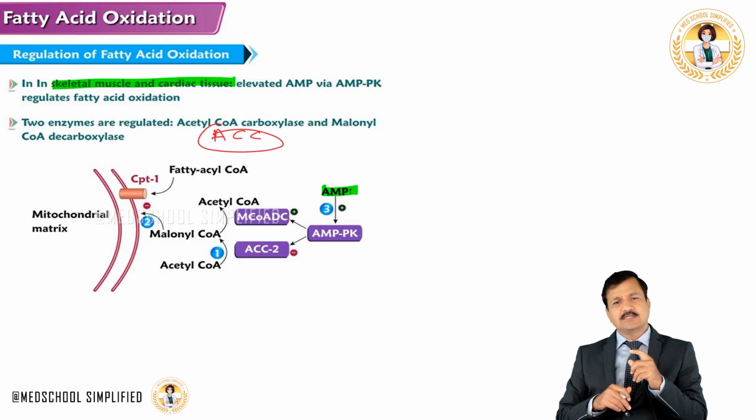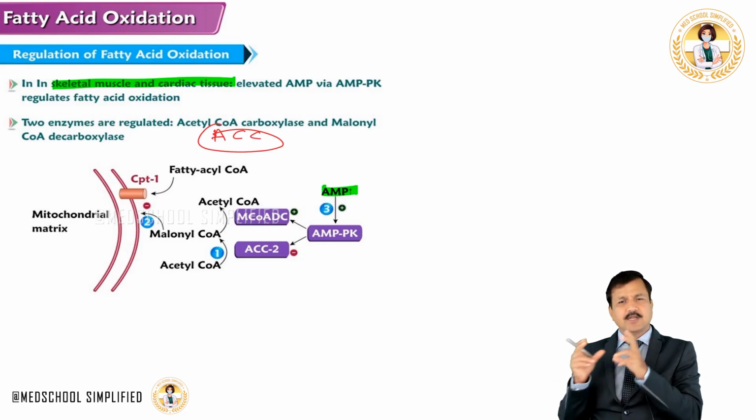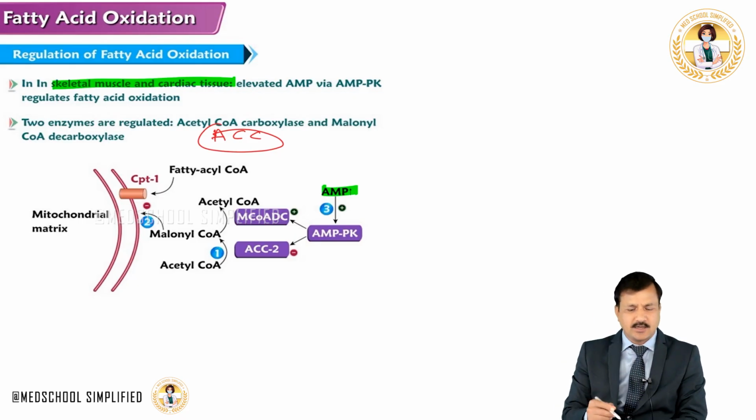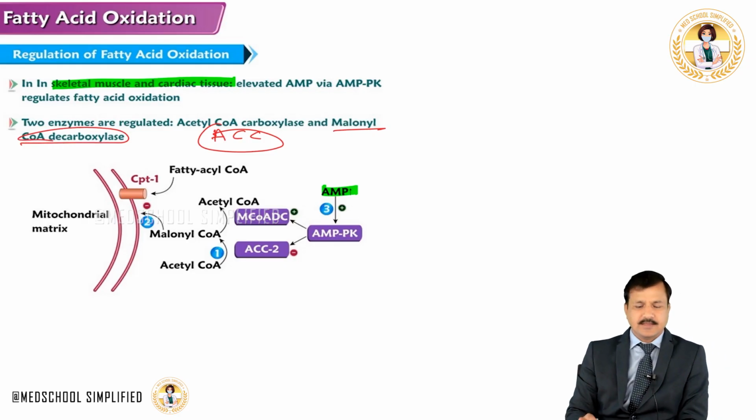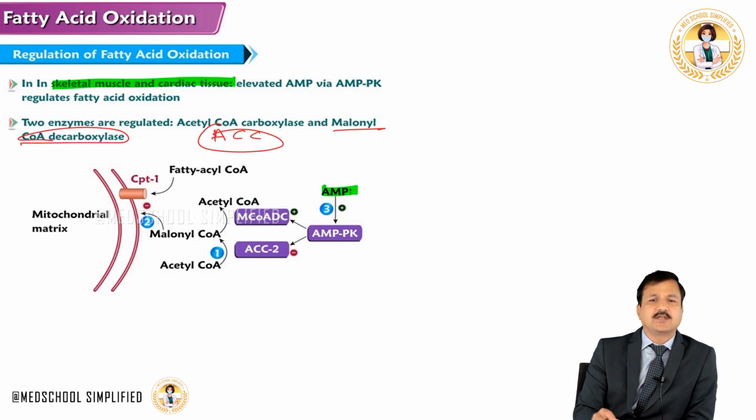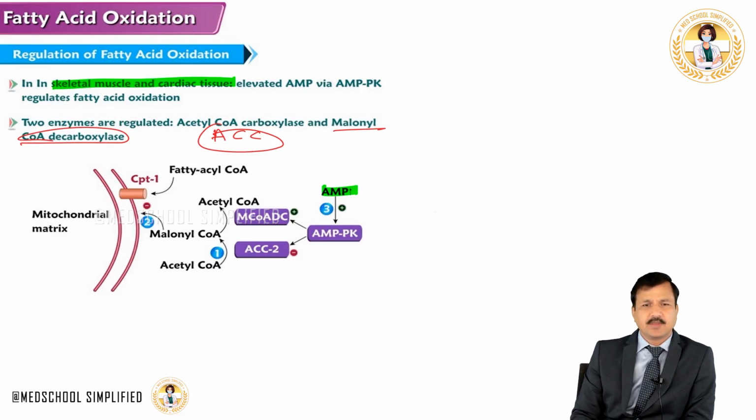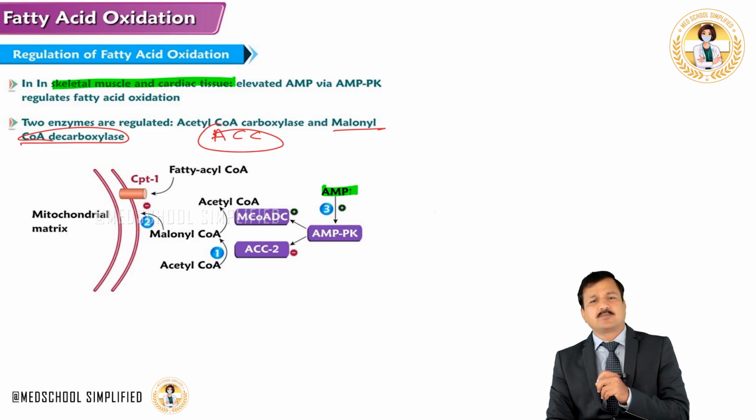The second thing is the same AMPK, that is AMP activated protein kinase, is going to act positively on another enzyme called malonyl-CoA decarboxylase, written here as MCoADC. MCoADC is malonyl-CoA decarboxylase. So what does this enzyme do? As the name says, decarboxylation. It is going to decarboxylate malonyl-CoA into acetyl-CoA. Thereby, it decreases the levels of malonyl-CoA.